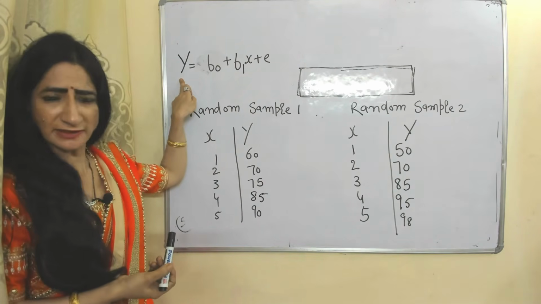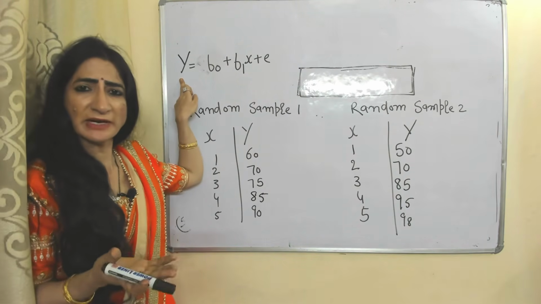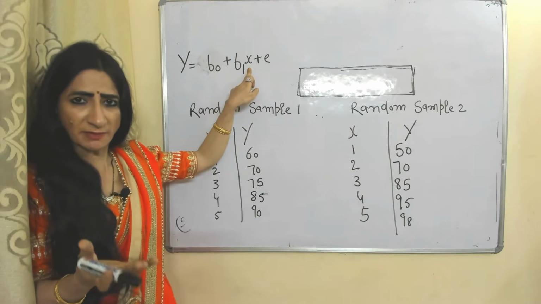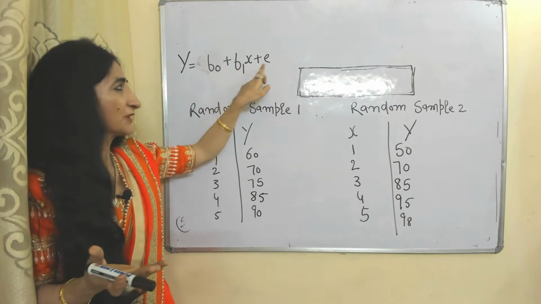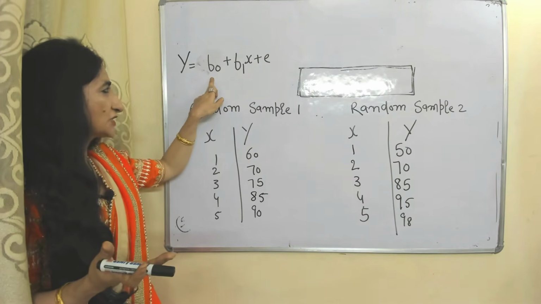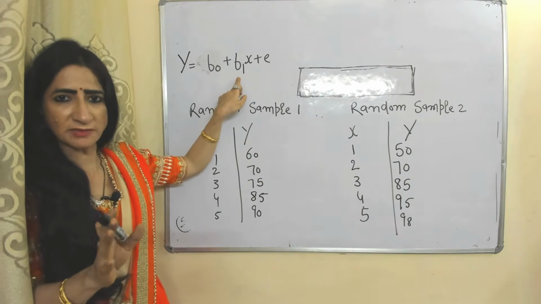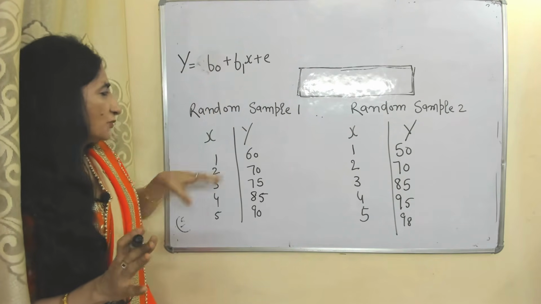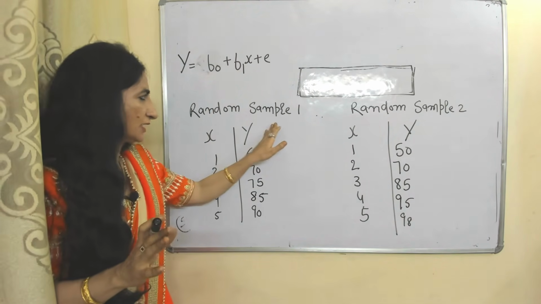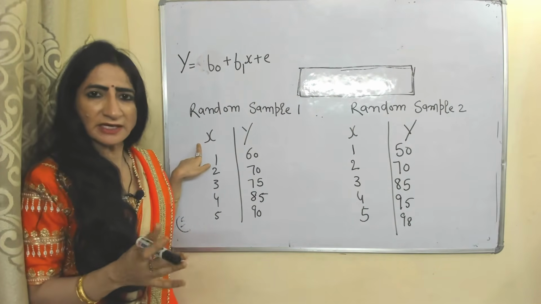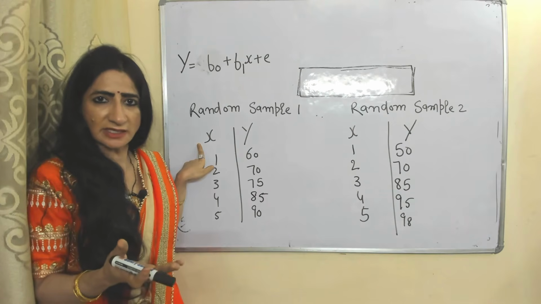Here y is the dependent variable, and we assume the dependent variable is exam score. X is the independent variable, which we assume is study hours. E is the error term. Intercept and slope: here you can see the intercept and slope are represented by Roman letters. And we take two random samples, random sample 1 and random sample 2. X is the independent variable which represents study hours.